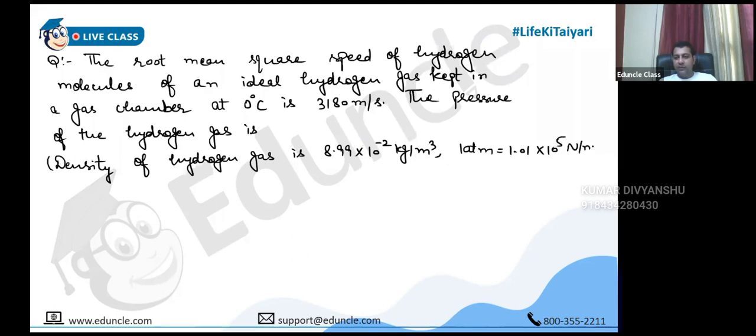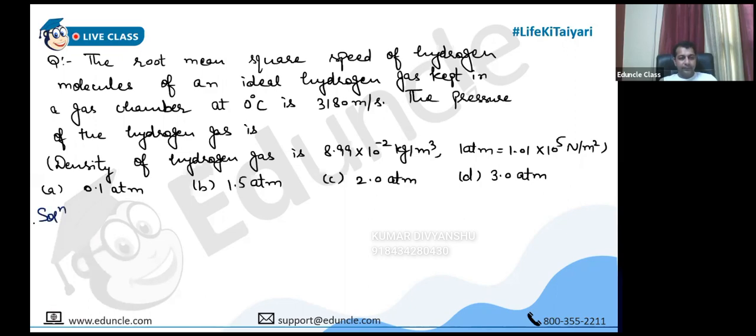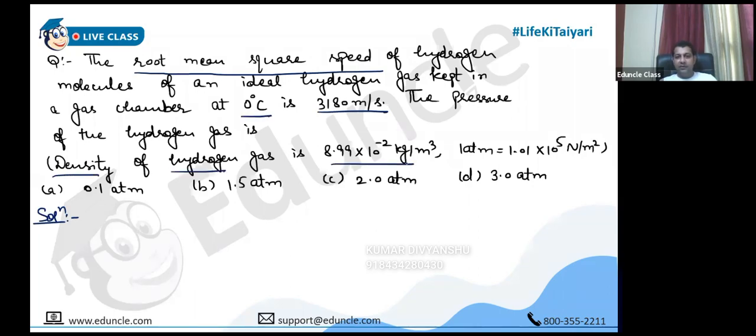So these are the values that are given. Please try to solve this one. Root mean square speed is given at this temperature. Density is given. And you have to calculate the pressure.